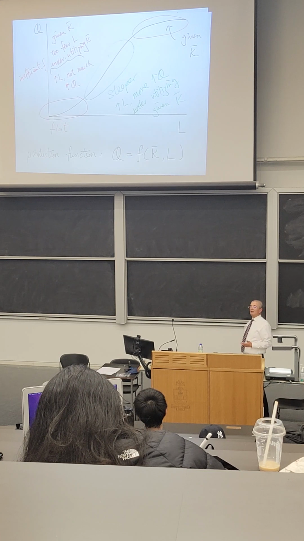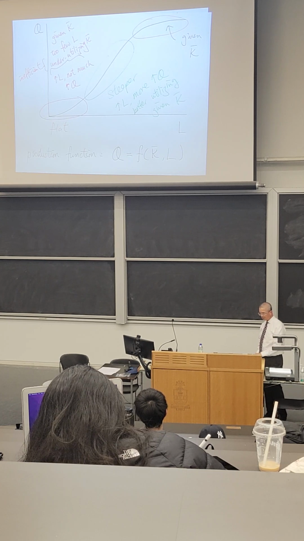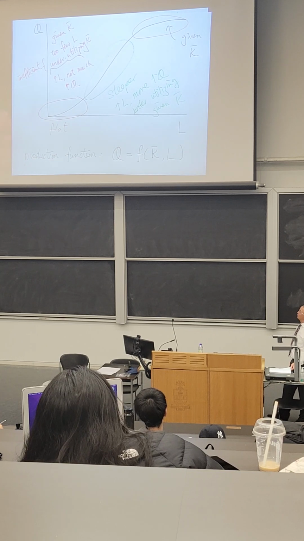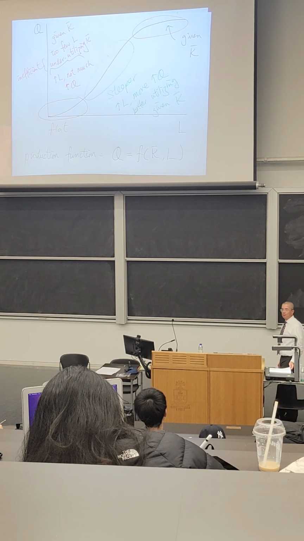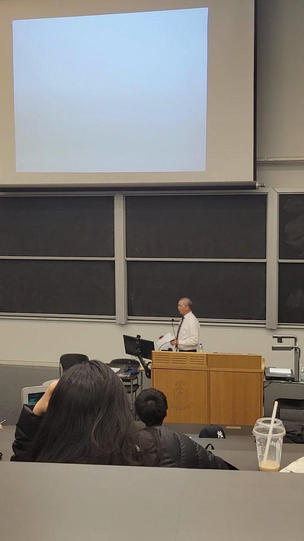And you are improving efficiency. That's why that curve is steeper. All right? So this is the general idea, the intuition, why the production function in the short run is like a half bell shape.